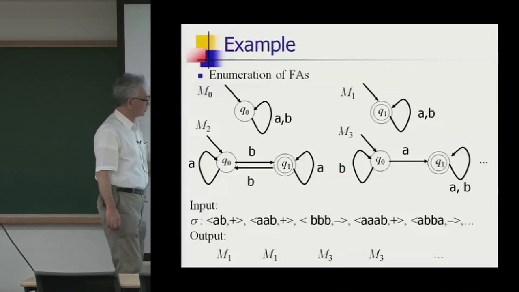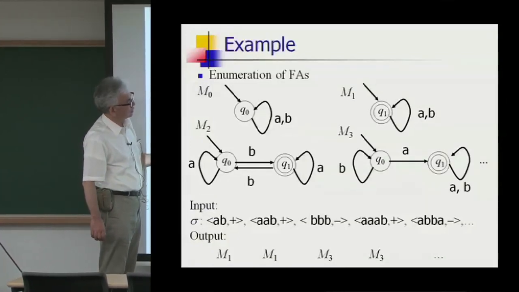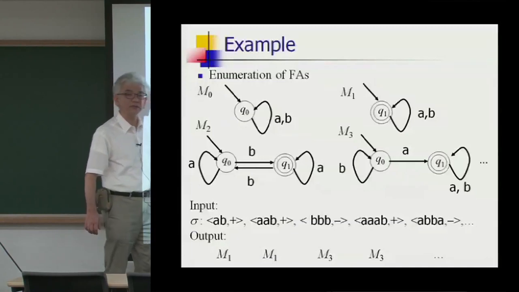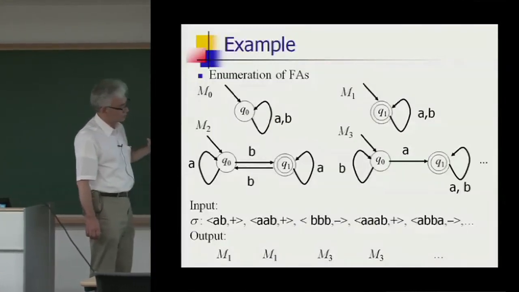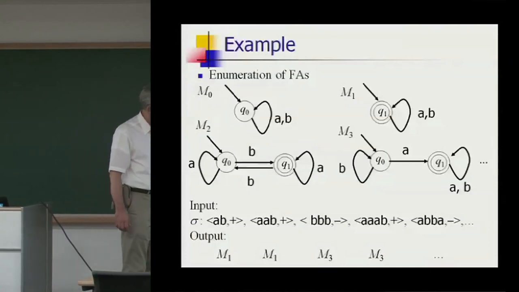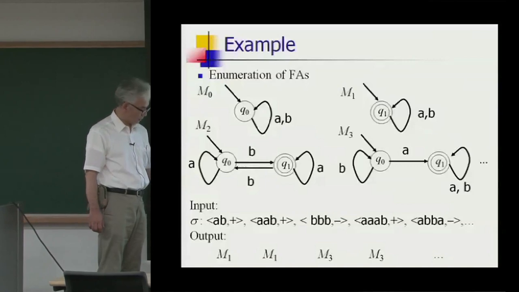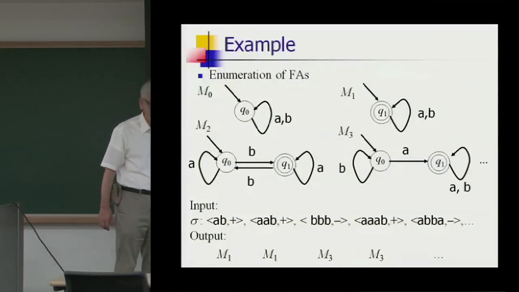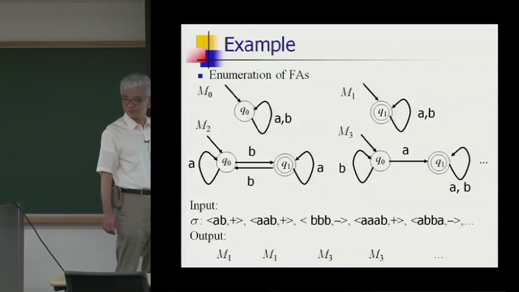And then we turn to the automata consisting of two states. And then consider the input presentation sigma. The first example is AB with a positive sign, so this must be a positive example. And the first conjecture, the starting point, is here.